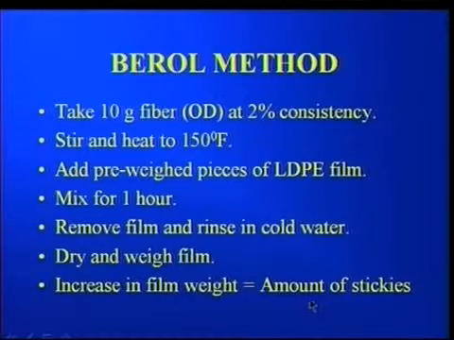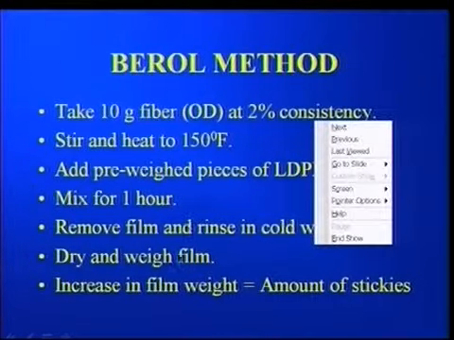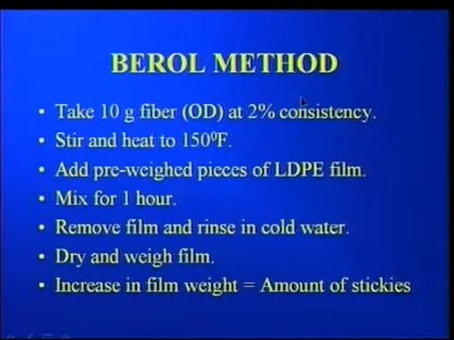Now, if you want to test different chemical additives to see how effective they are in passivating stickies, we repeat essentially the same process, but before adding plastic pieces, we add this additive or the chemical that is supposed to passivate the stickies. Mix the chemical or the additive for about 10-15 minutes. Now you add the plastic film and carry out the process.